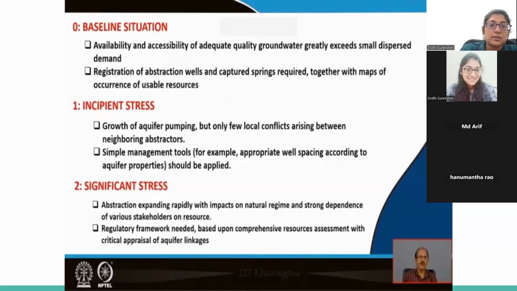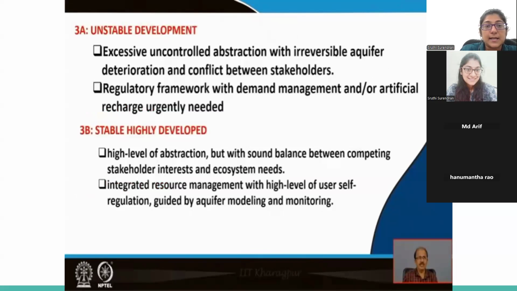So there are some frameworks, some management techniques that have to be implemented based on at what stage of development the groundwater resources are according to this categorization. Now, unstable development is when there is uncontrolled extraction of groundwater, the groundwater resources are getting depleted, and there is a huge conflict between people who are utilizing this groundwater. Then that stage is called unstable development.